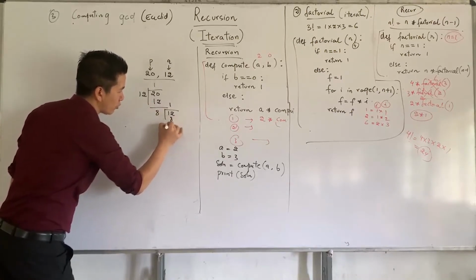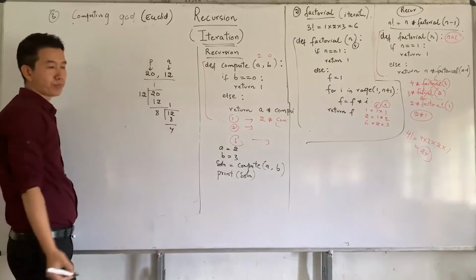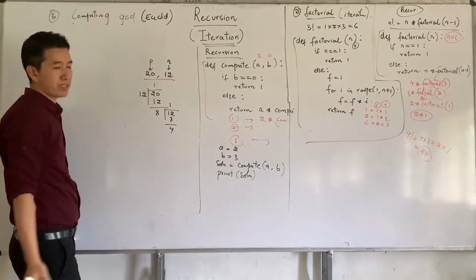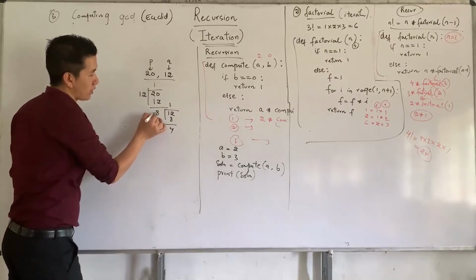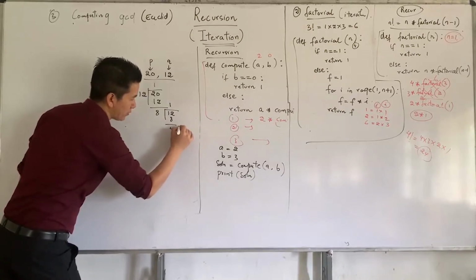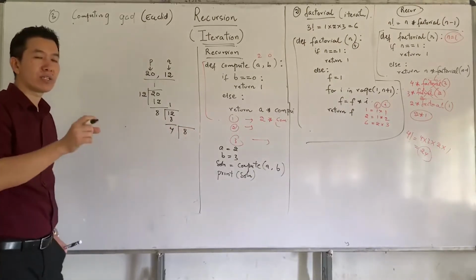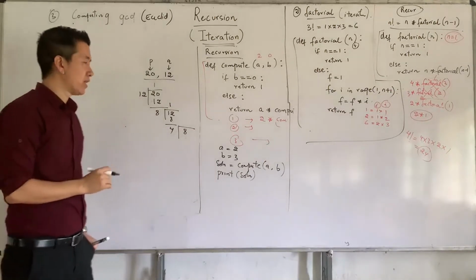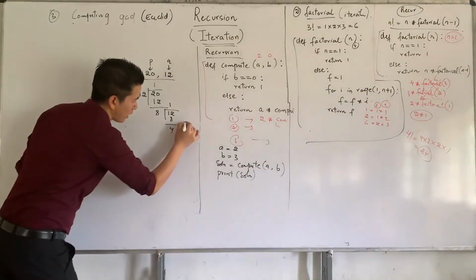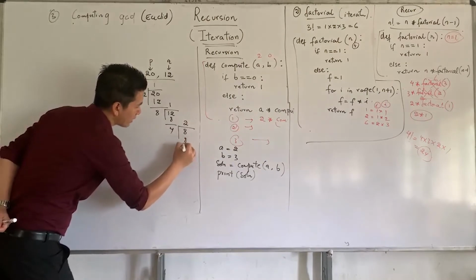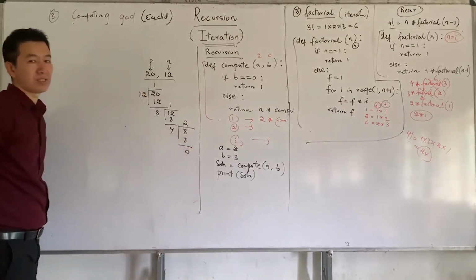You have the remainder as 4. So the remainder will be the divisor, and the divisor will be the dividend. So you have 8. So just carry on until you get the value of remainder as 0. So 4 times 2 is 8, and then you have the remainder as 0.